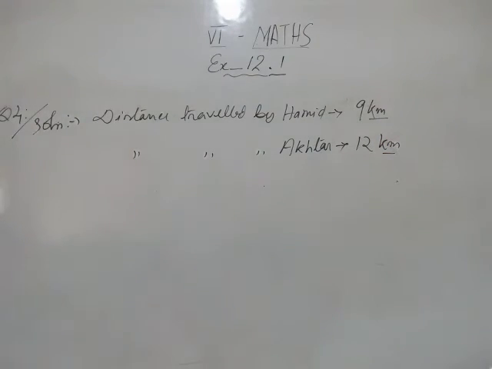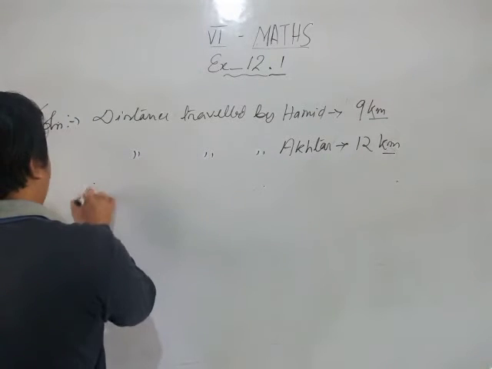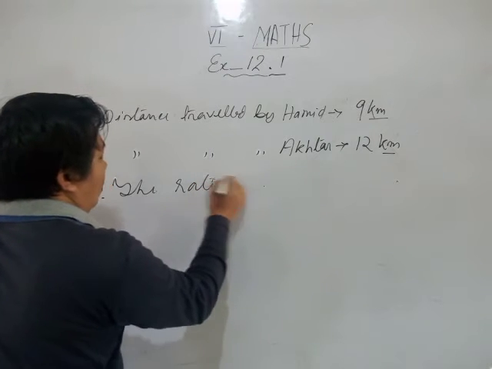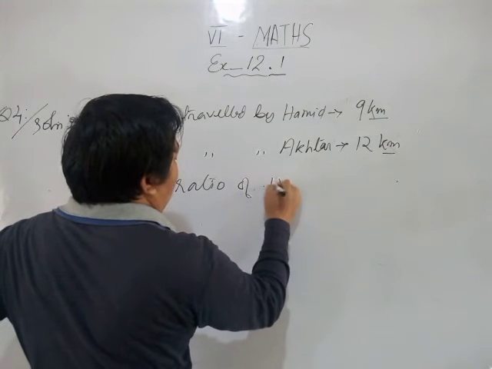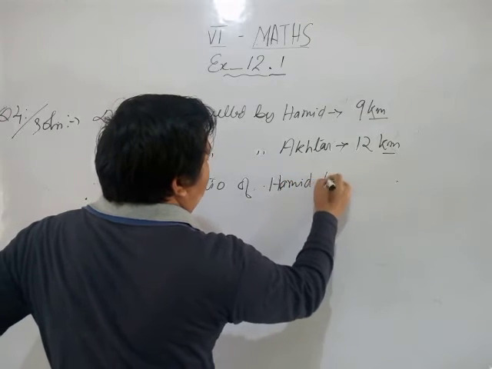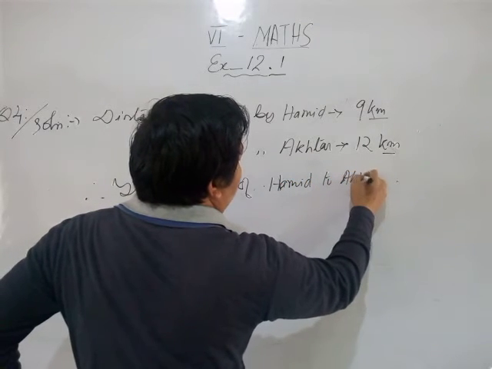So now we are going to take the ratio of Hamid to Akhtar, isn't it? Therefore, the ratio of Hamid to Akhtar.